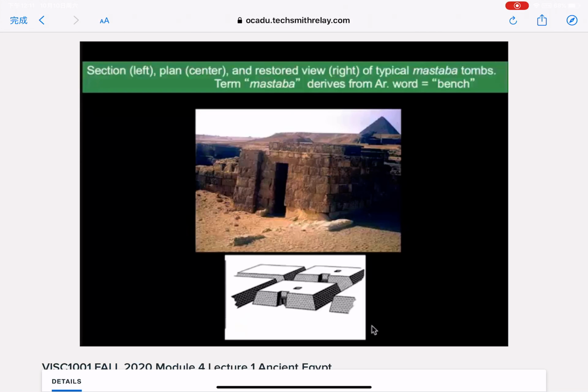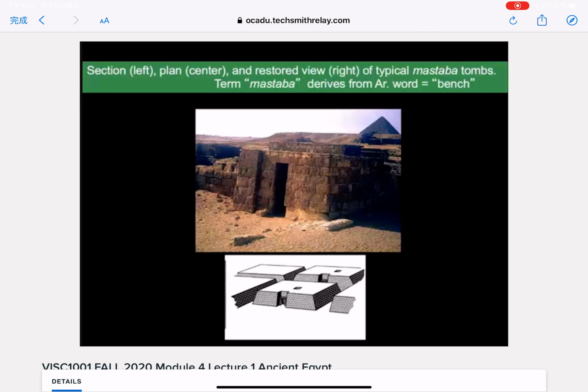Moving onwards, much of Egyptian art that survives is funerary in nature. And the standard tomb type in pre-dynastic Egypt and for many centuries following Narmer was something called the mastaba. And the mastaba comes from the Arabic word for bench.